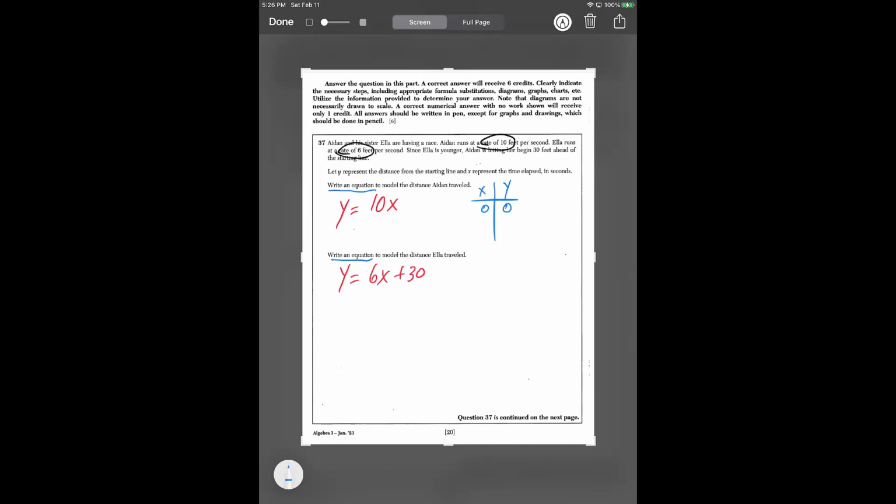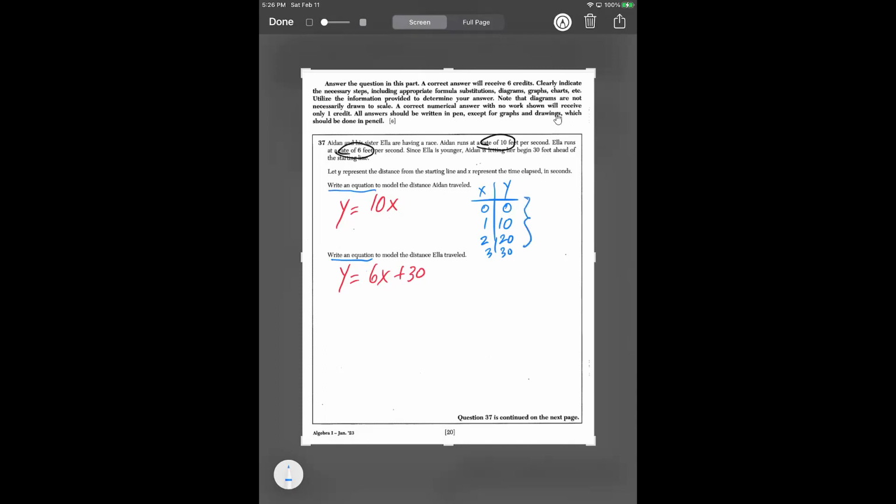After 1 second, he's 10 feet from the starting line. After 2 seconds, he's 20 feet from the starting line. After 3 seconds, 30 feet. So if you understand that he's going 10 feet per second, then you can come up with this table.